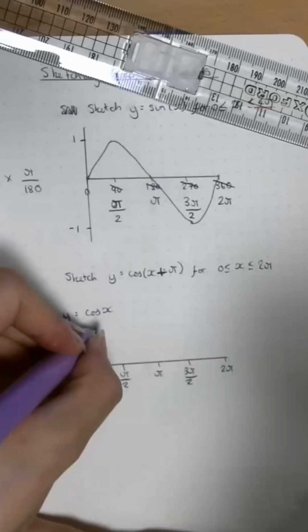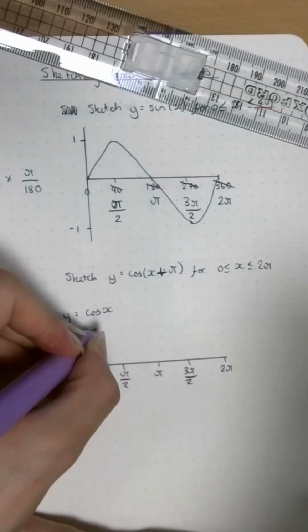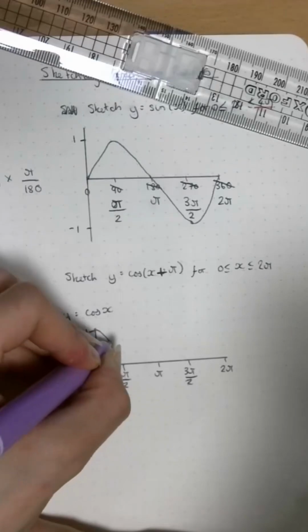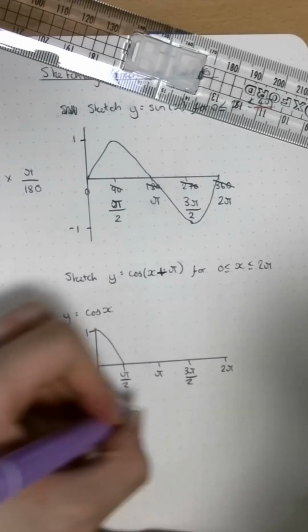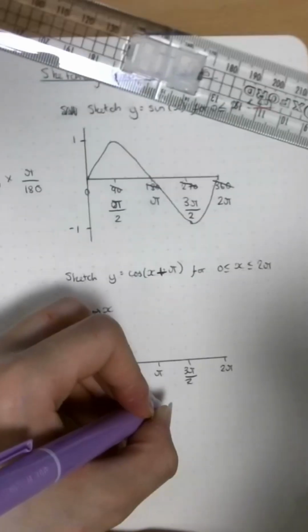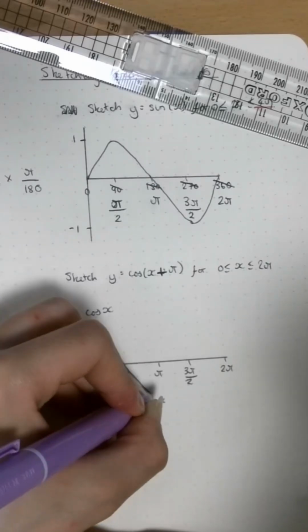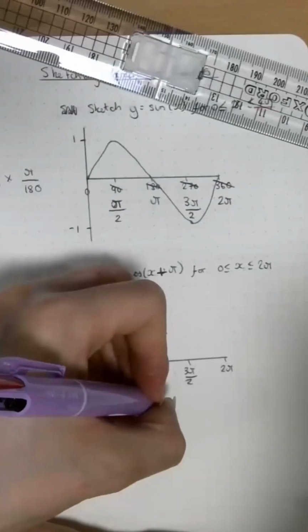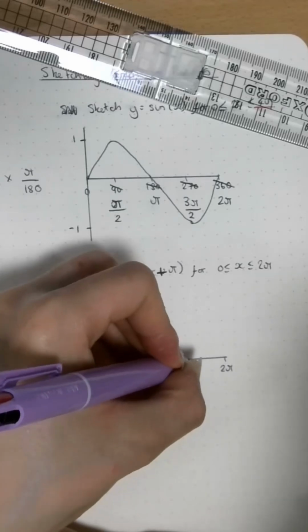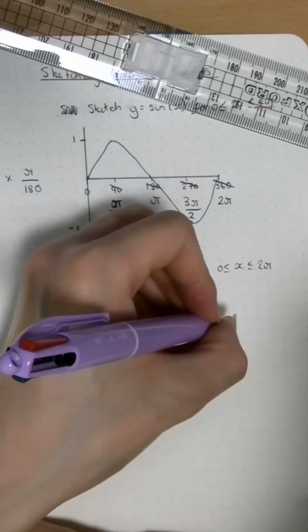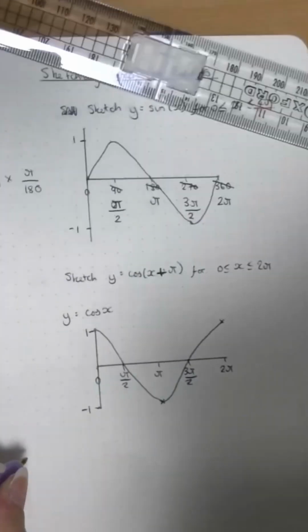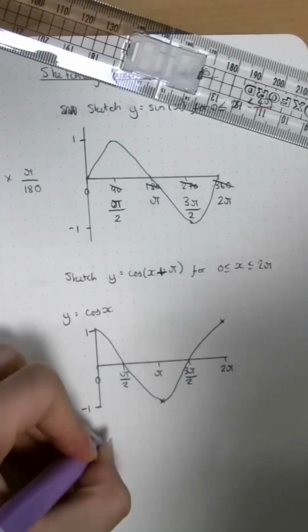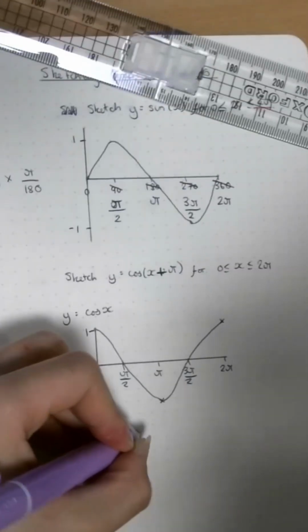So cos starts at 1 here on the y-axis, 0 on the x. Then at pi over 2 we're going to go through 0. Then at pi we're going to go down to -1. Again, I'm just going to mark that point so I know where it is. Then I'm going to go back through the axis here at 3 pi over 2, and then I'm going to mark my point on for 2 pi. There we go.